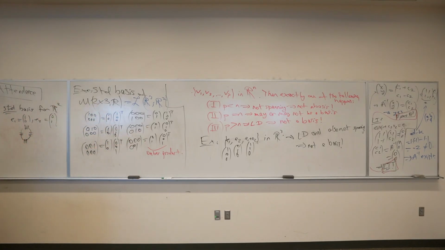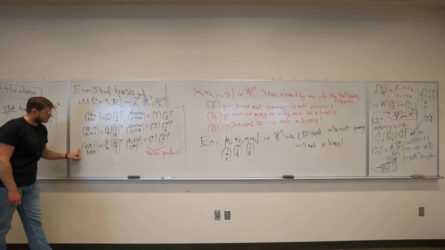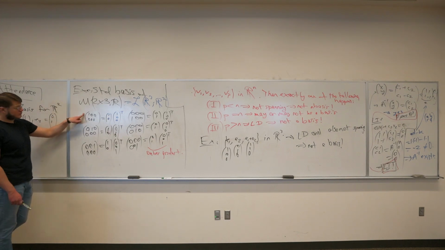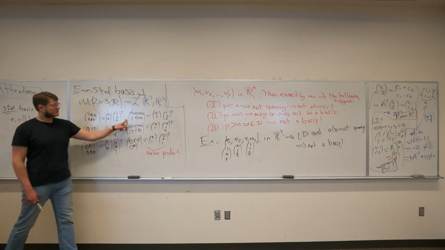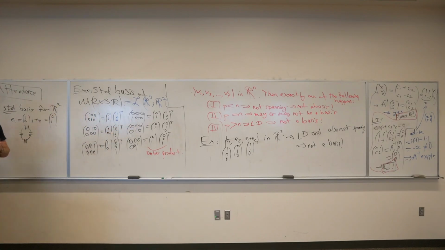I hope you would agree with me that each of these standard 2×3s has rank 1. Each of them has rank 1. They're not in reduced echelon form in general. So for instance, this one is reduced echelon, this one isn't. The reduced echelon form of this is this. Such is life.